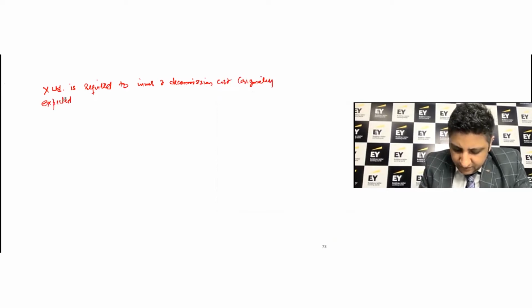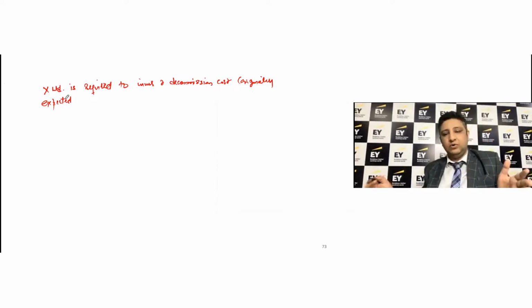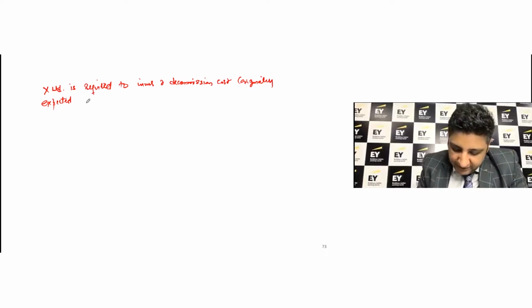Of course, you are allowed to use your own wording. The whole idea is to explain what has happened and what is the consequence of that change, right? Originally expected to be incurred in or after 80 years, right?